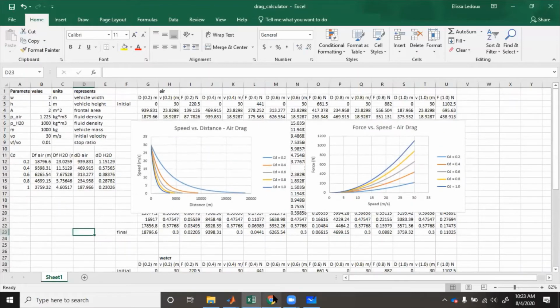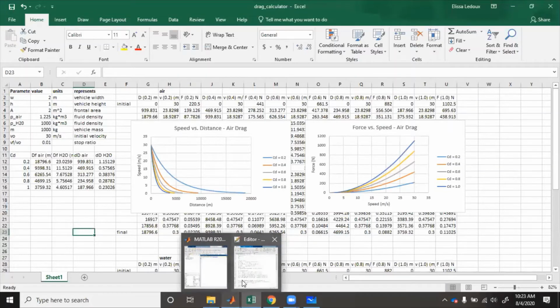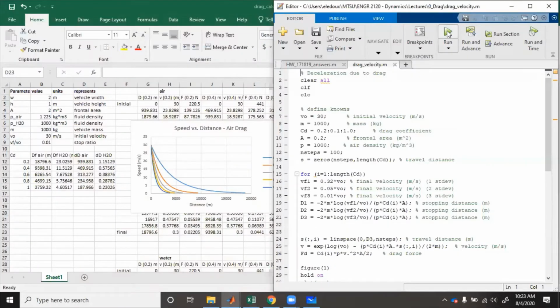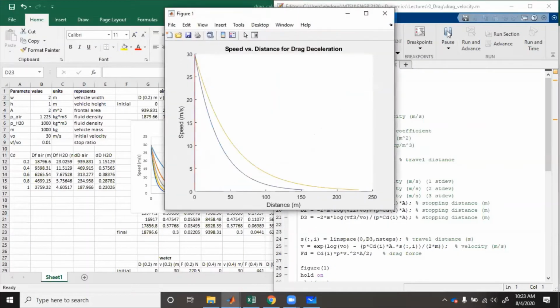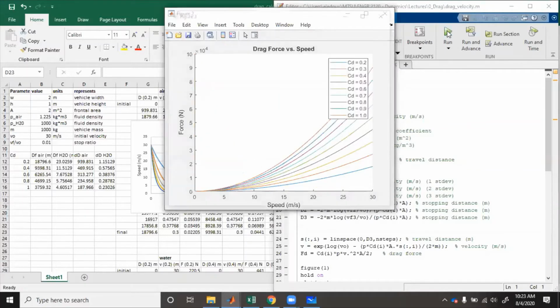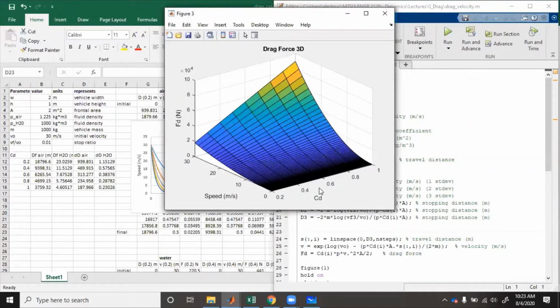So finally, we'll look at a simulation of how all three of these relate to each other. You can see here on one axis we have drag coefficient going all the way from 0.2 to 1.